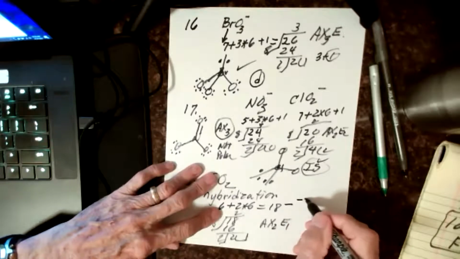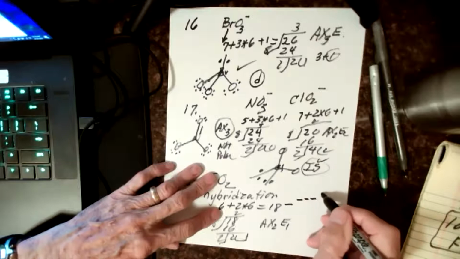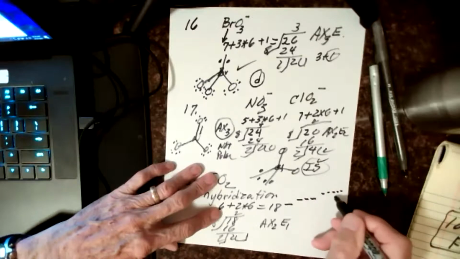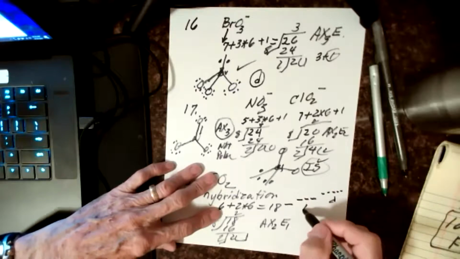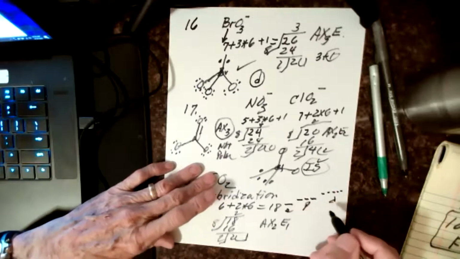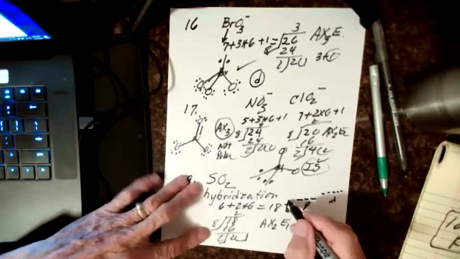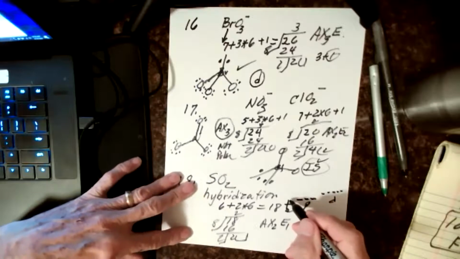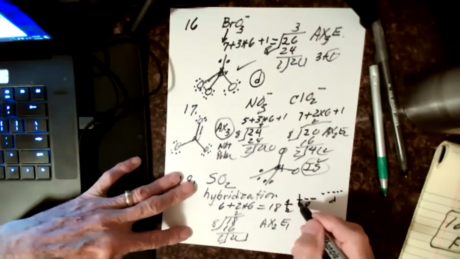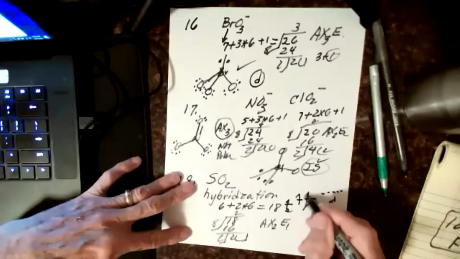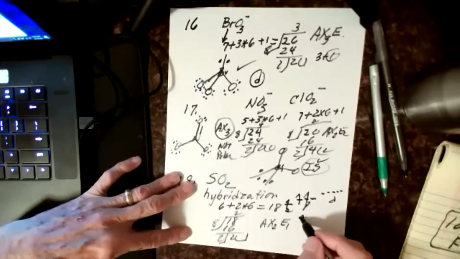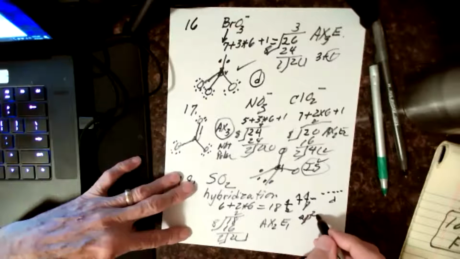So now, if I'm looking at my s, p, and d orbitals, the d orbital is not going to be involved. So I'm going to need 3. I'm going to take one here and one here and one here. It's going to be sp2.